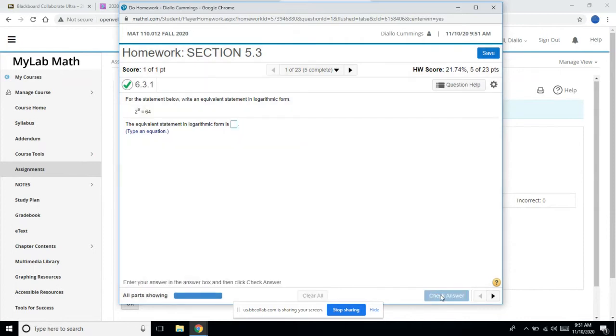Okay, and I'll generate another example. So here we're asked to rewrite this exponential in log form. Okay, so I'm going to switch to our document camera.